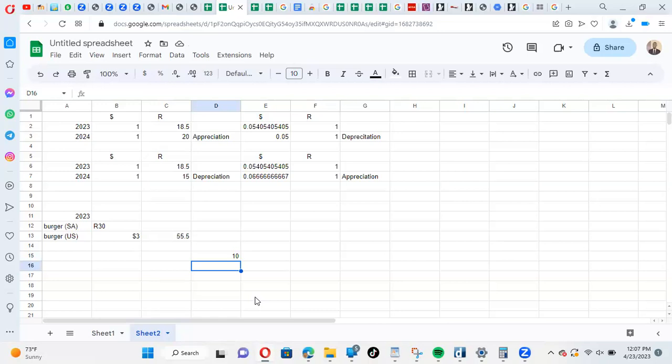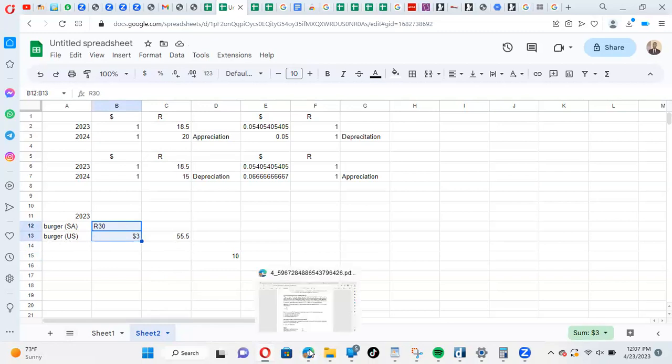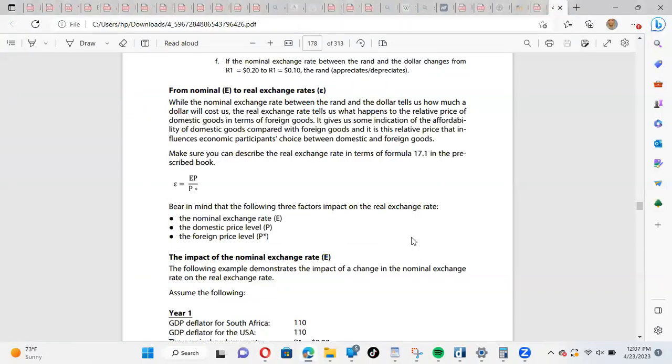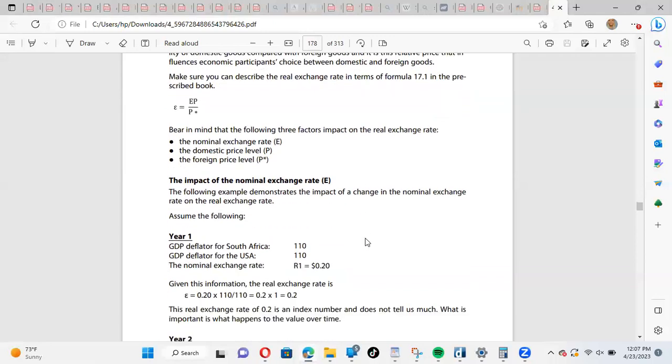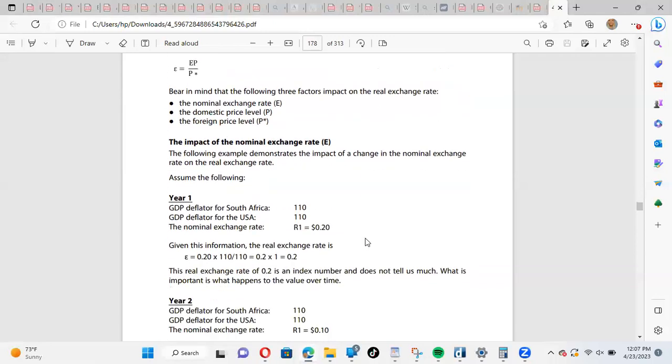How do we get that without having to do this whole calculation? Just compare these two. It means $1 is worth 10 rands in terms of actual goods. So that then is the real exchange rate there. You're unlikely to be asked to do such a calculation anyway, but it's good to know. So what's the impact of the nominal exchange rate?